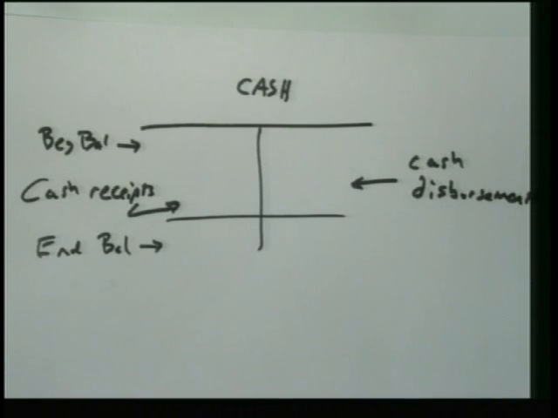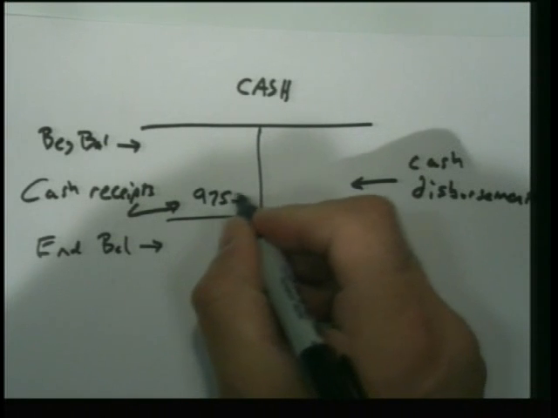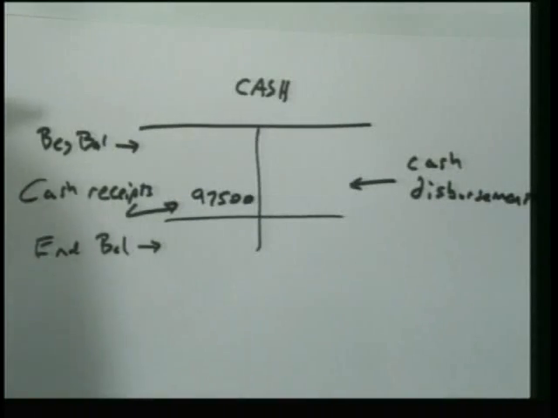Now let's fill in the amounts that they gave us. What month are we dealing with? October, because they talk about the September balance and the October balance. They had $97,500 of cash receipts, and they had $101,250 of cash disbursements.